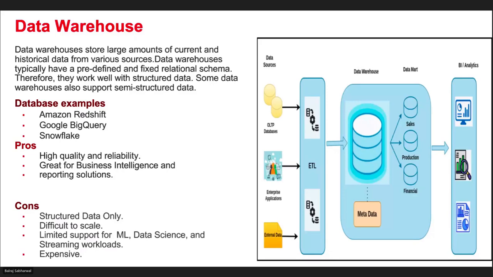Examples of the data warehouse are Amazon Redshift, Google BigQuery, or Snowflake. The pros are high quality and reliability, and it is very useful for business intelligence, so they can query the data with a formula and get it back.